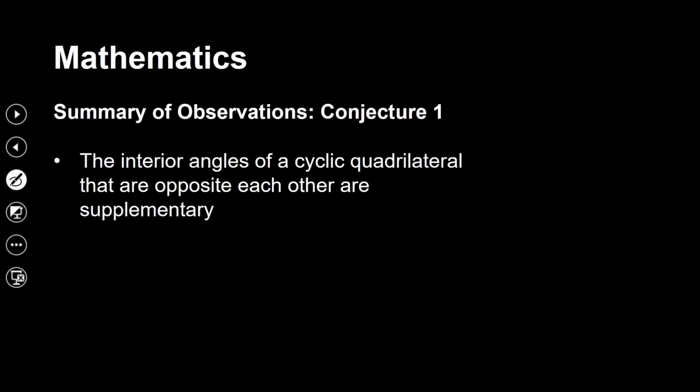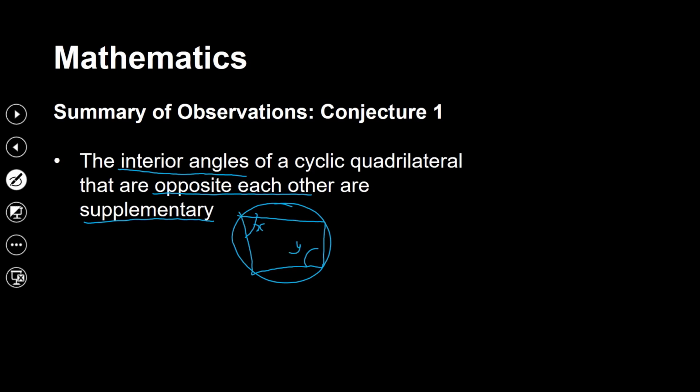So the summary of our observation is that the interior angles, right? These angles must be inside the quadrilateral and opposite each other. The other condition is they must be opposite each other. They will add up to 180 degrees. So meaning, if I have a quadrilateral like this, this angle and that angle there, let's call this x, let's call that y.